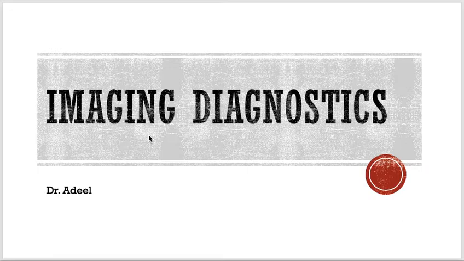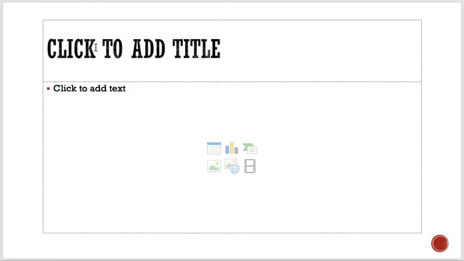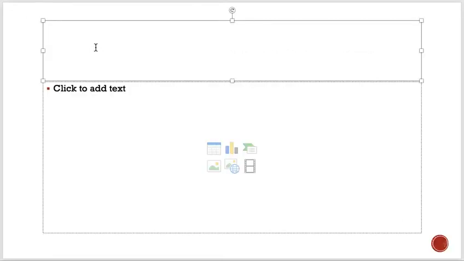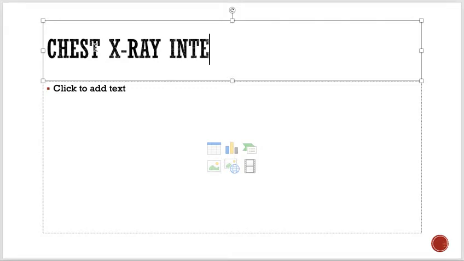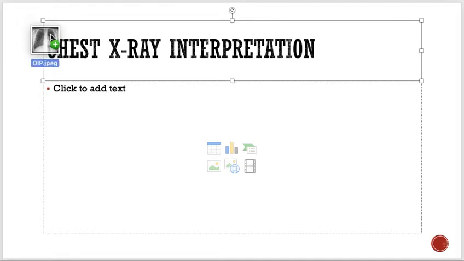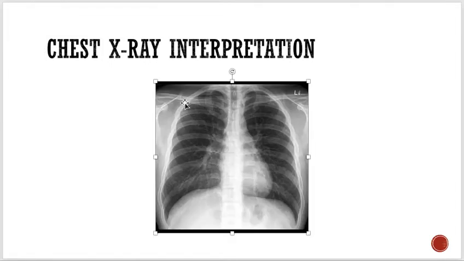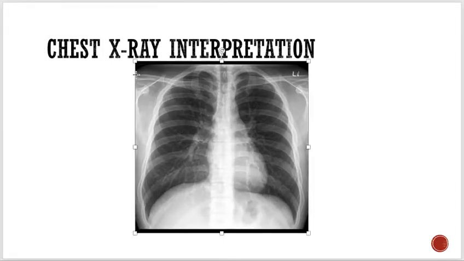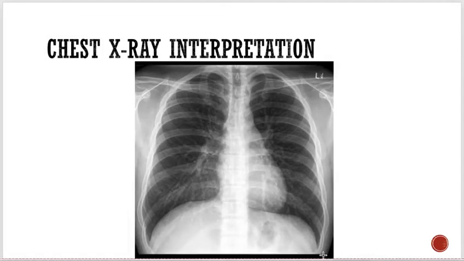So now, to start with, I would like to start with X-rays, and discuss how X-rays help us in different things. It is better to start with the chest X-ray, very commonly performed, or how to interpret a chest X-ray. Why am I starting from the chest X-ray? Because chest X-rays are the most commonly ordered investigation in daily life.